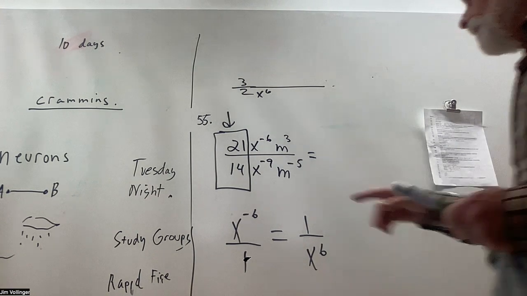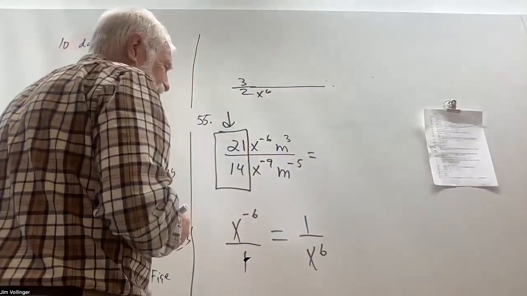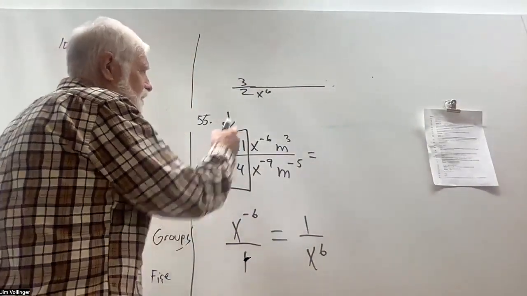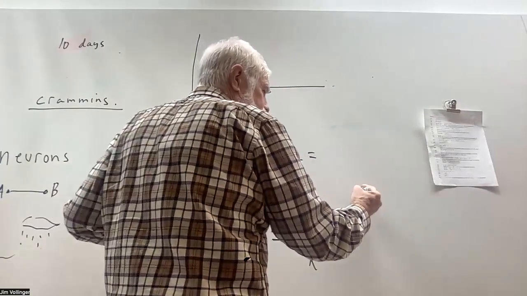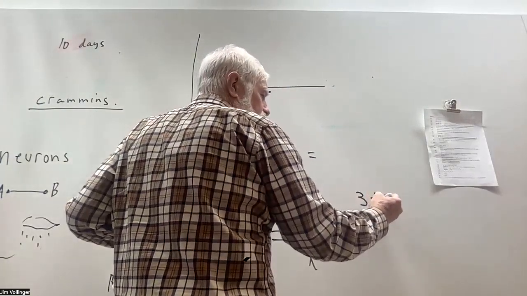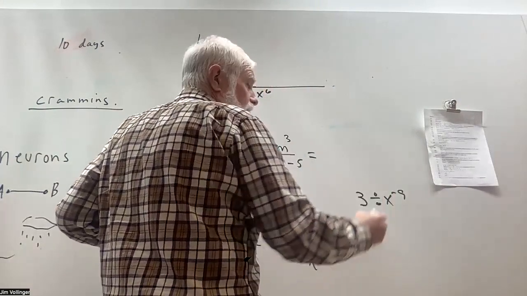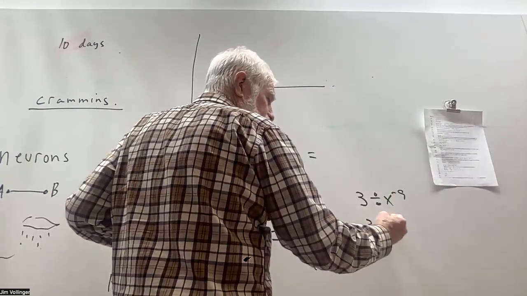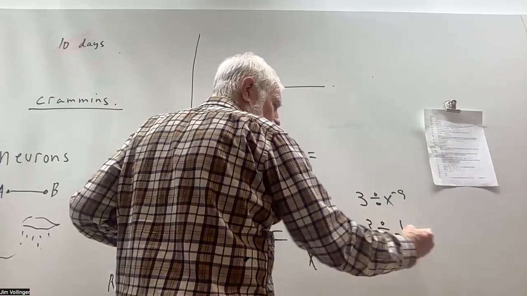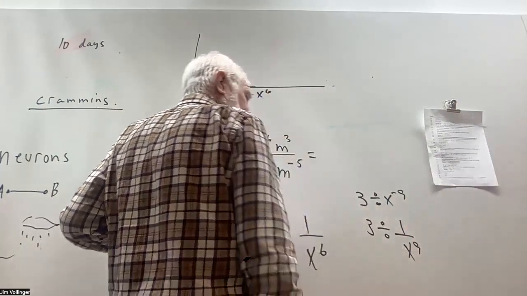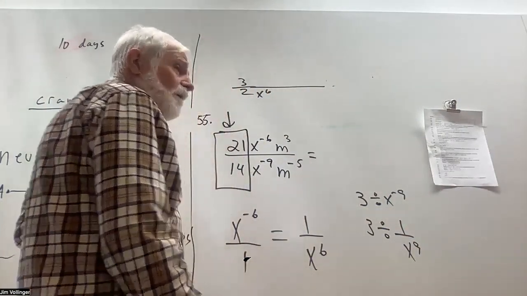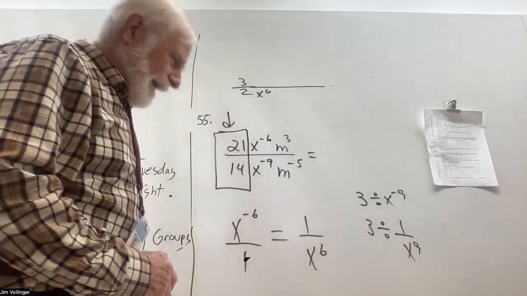All right, so let's look at dividing by x to the minus 9. And let's just keep the 3 here: 3 divided by x to the minus 9. We said x to the minus 9 is the same thing as dividing 3 by 1 over x to the 9th. And I hope, again, we don't have another elementary school gap.